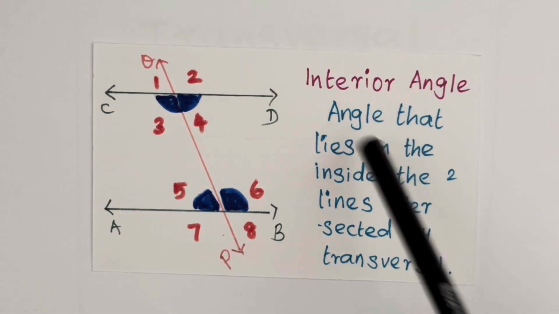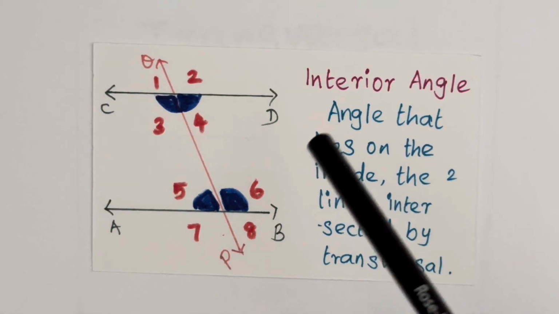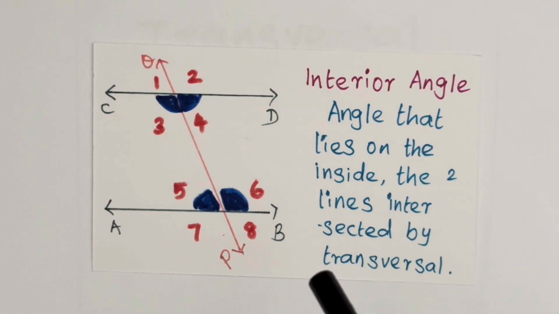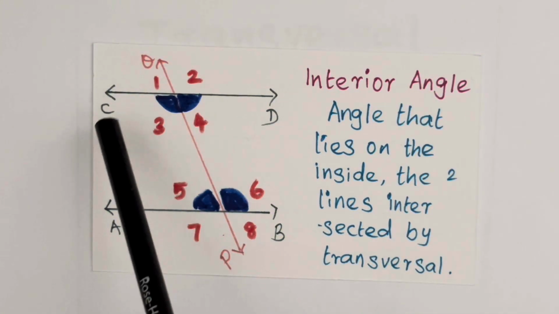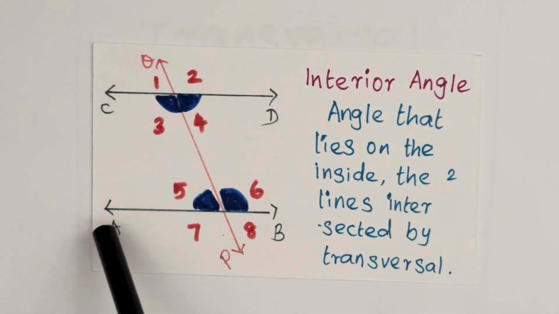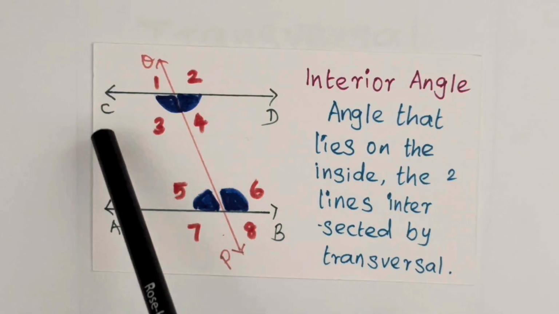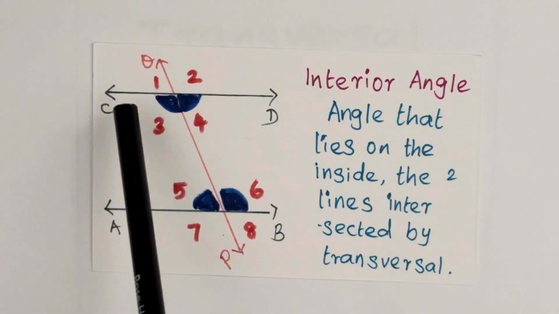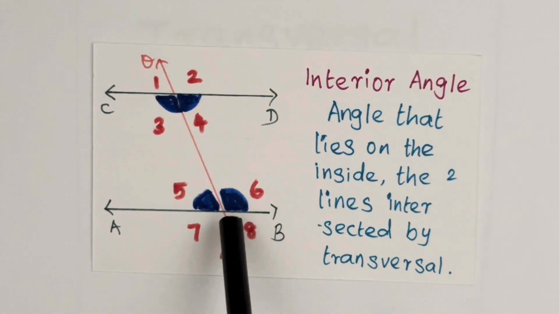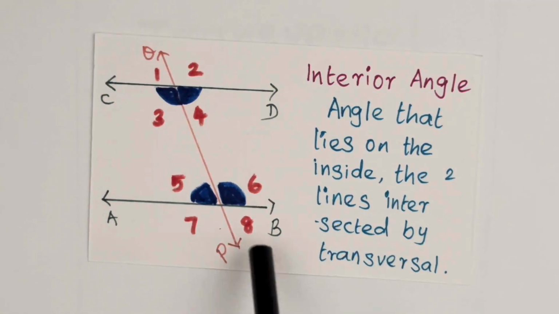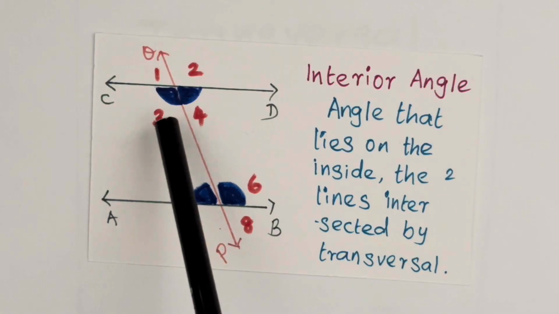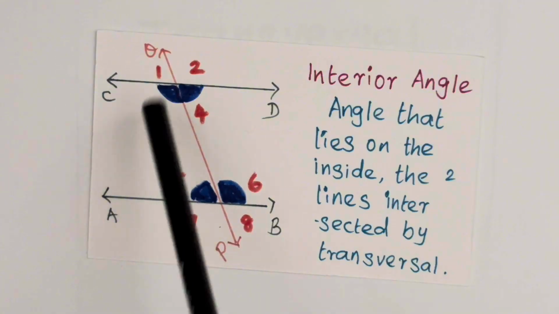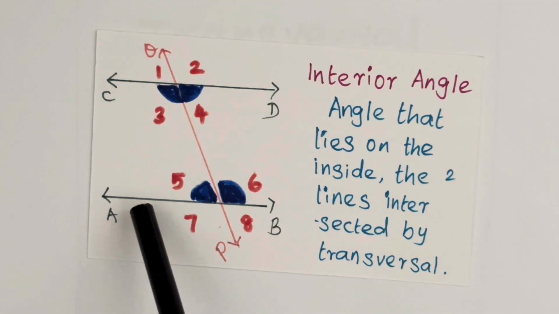The first one is the interior angle. These are angles that lie inside the lines intersected by the transversal. Here we have line AB and line CD, and the line PQ intersects these two parallel lines, so this is the transversal.